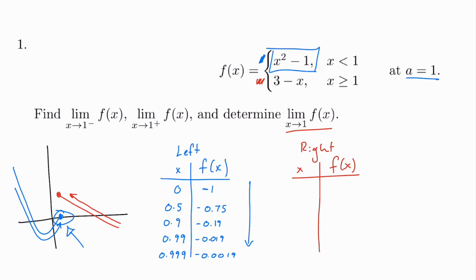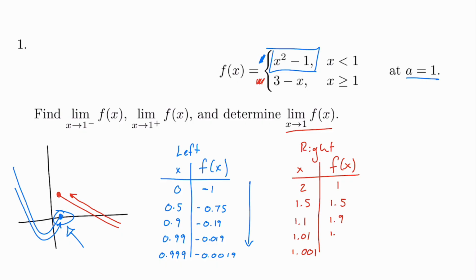So let's start out with 2 and go down to 1.5. We can go to 1.1, 1.01, and finally 1.001. So at 2, we are going to get 1. At 1.5, we will end up with 1.5. For 1.1, we are going to get 1.9.